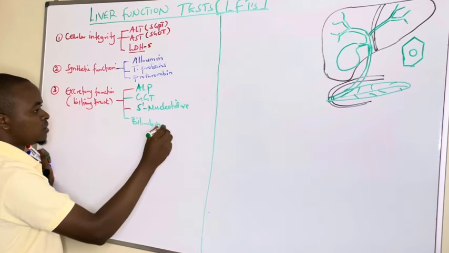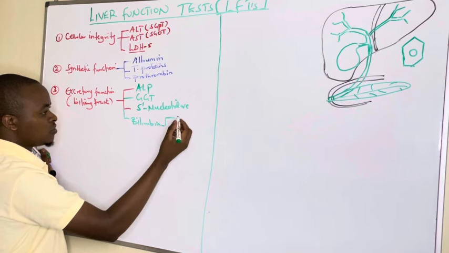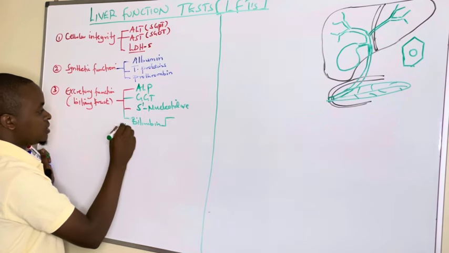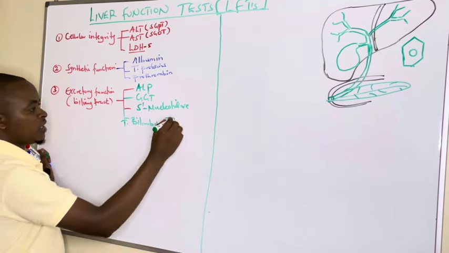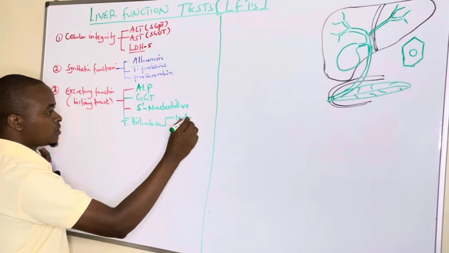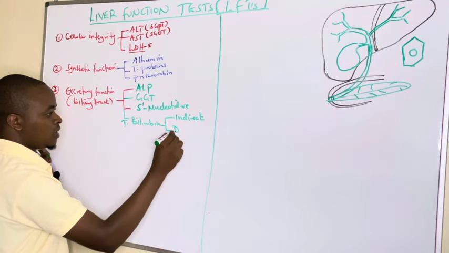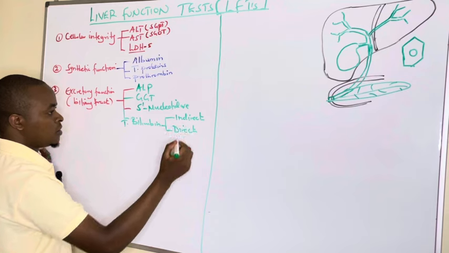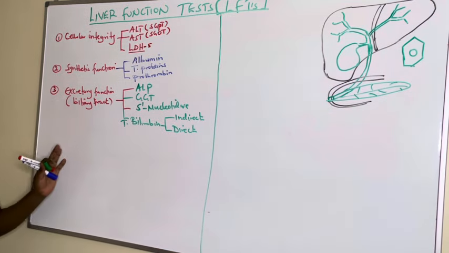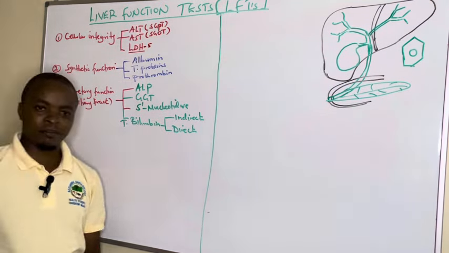And this total bilirubin is divided into indirect, what we call unconjugated, and direct, which is conjugated bilirubin. So these are the major tests that we can perform on the liver.